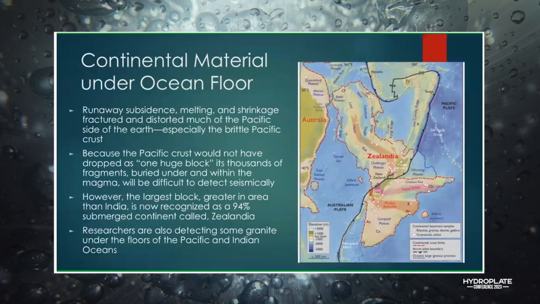What that means is that if we had the ability to go down and look, we would find vast amounts of continental material, which was then buried. So it subsided, melted, and distorted much of the Pacific Ocean. But because of that, all that magma came up and essentially paved the floor of the Pacific Ocean. The prediction by the hydroplate theory is that we would find large amounts of rock remaining from the original Pacific crust.